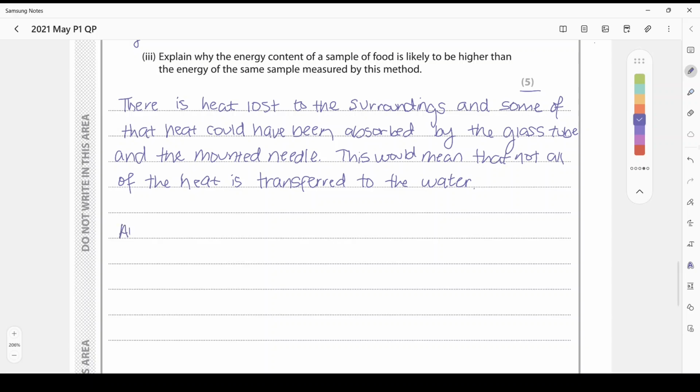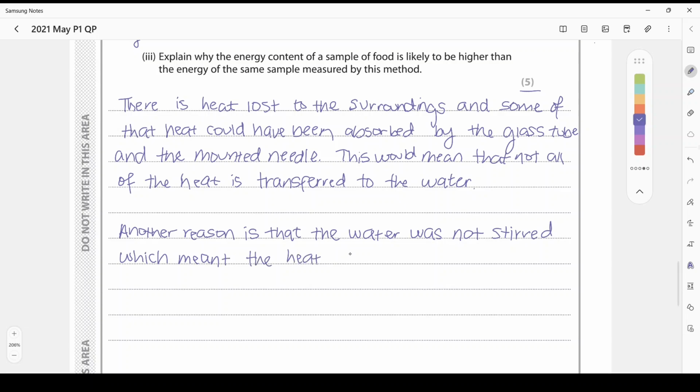So we can say another reason is that the water was not stirred, which meant the heat was not equally distributed throughout the water.